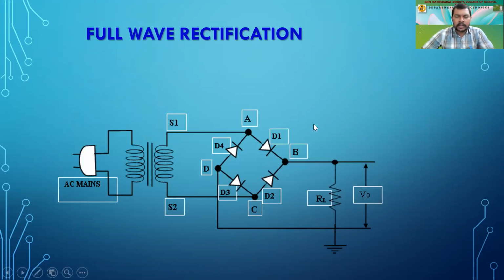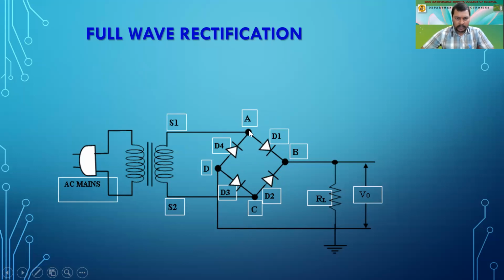A bridge rectifier circuit has four diodes in the sort of a bridge, which are connected at four nodes, that is A, B, C, and D. The diodes D1 and D2 have their cathodes connected to node B, whereas the anodes are connected to A and D. Similarly, D3 and D4 are connected likewise.